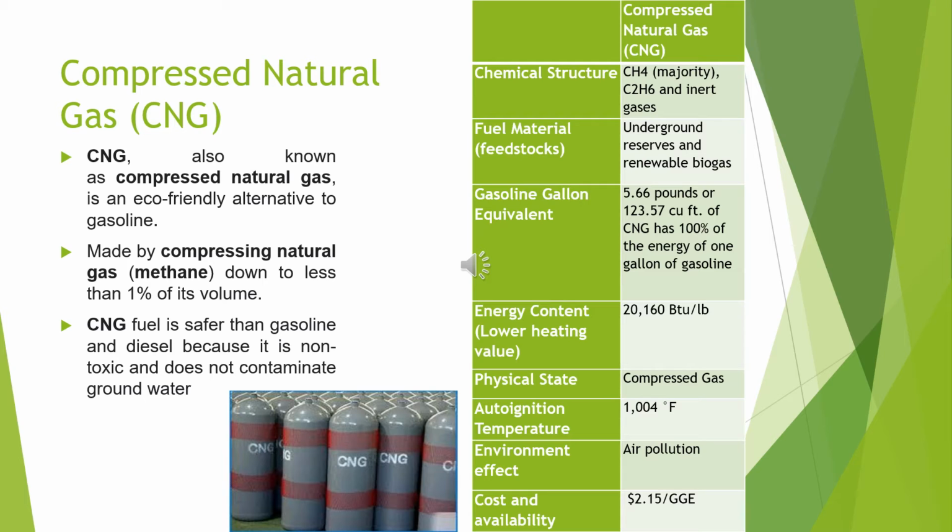Its physical state is compressed gas, and its auto ignition temperature is 1004 degrees Fahrenheit. The environmental impact is that it causes air pollution, and its cost is only $2.5.